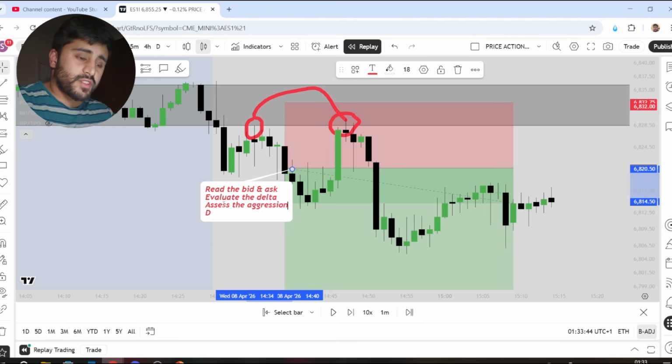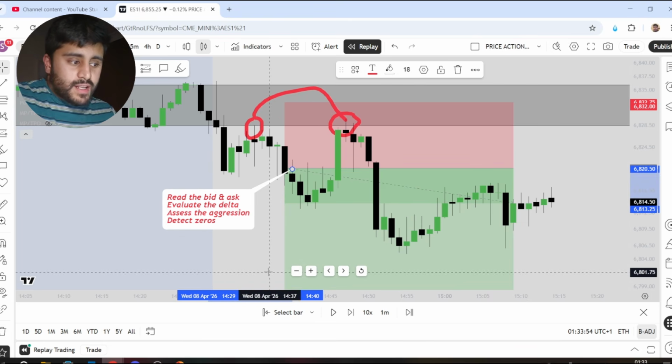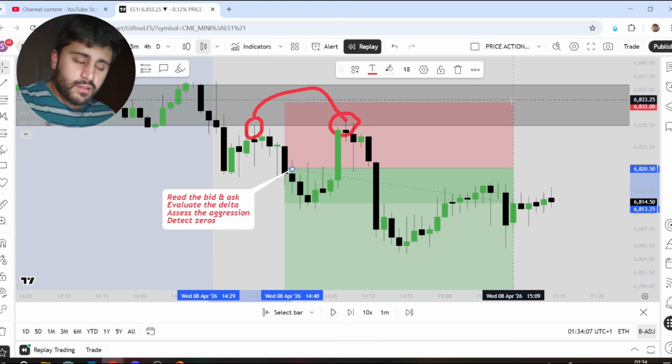Assessing the aggression comes from understanding what the delta is telling you. And the fourth thing is you want to detect zeros. So this is what READ stands for: read the bid and ask, evaluate the delta, assess aggression, and detect zeros. Once you do all these four things, you are now reading price action in real time. The real time reading blueprint.